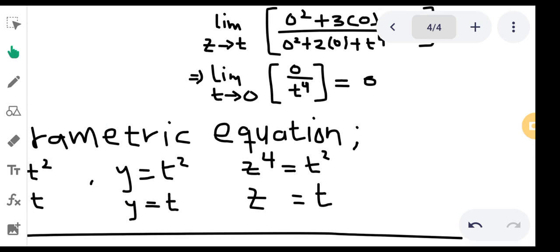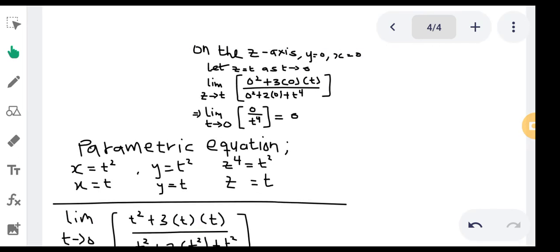But we can also try another path, and the path that we are considering now is the parametric equation.